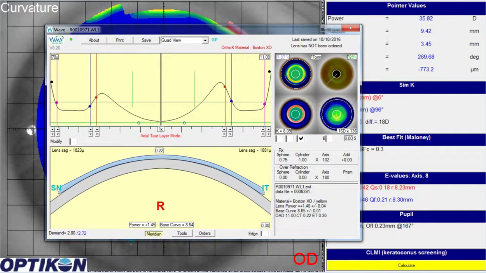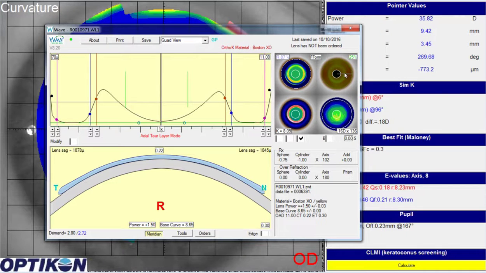We can probably tune this one up a little bit. And this one as well. And this one. Okay, so that puts us pretty close to 1.5 all the way around.